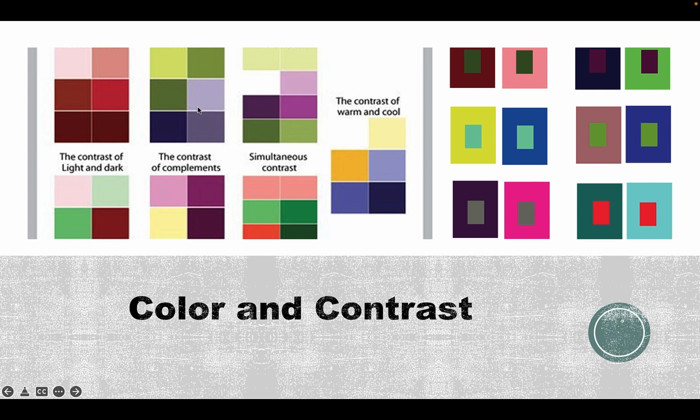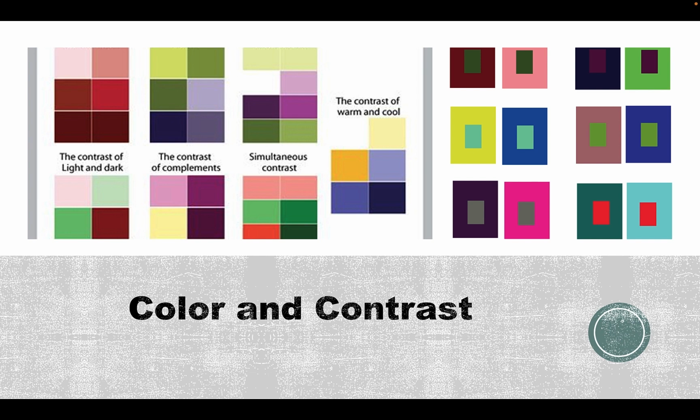So there's a slightly warmer color, a little bit of variety there. You can think about simultaneous contrast, so contrasting in a variety of different ways. Or just thinking about contrasting with both warm and cool colors. Warm colors are going to be red, orange, and yellow, and then cool colors are going to be green, blue, and purple.